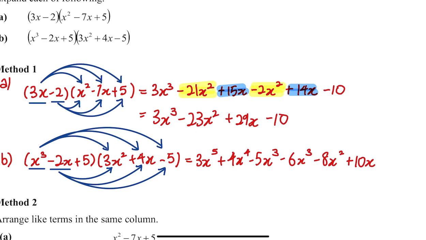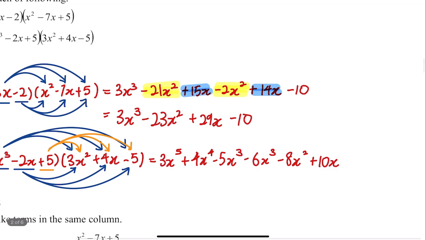Then now the last one over here, 5 will multiply to 3x squared, 4x, and negative 5. Okay, so if you do it step by step, don't make careless mistakes, you should get the correct answer from here. Plus 15x squared plus 20x minus 25.